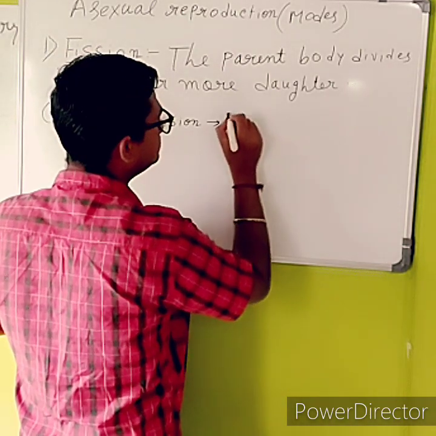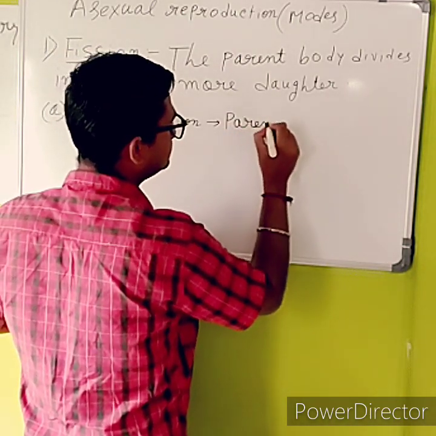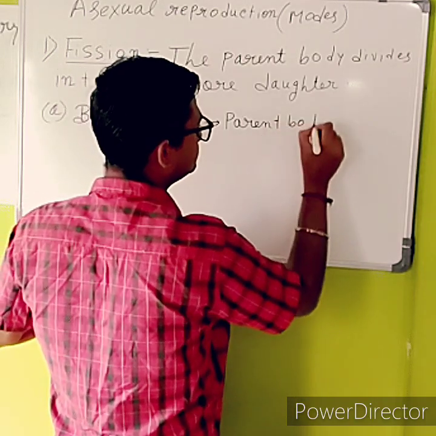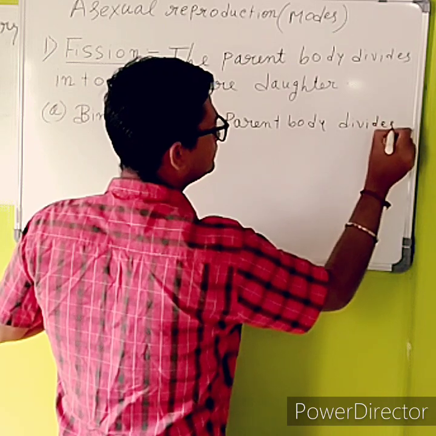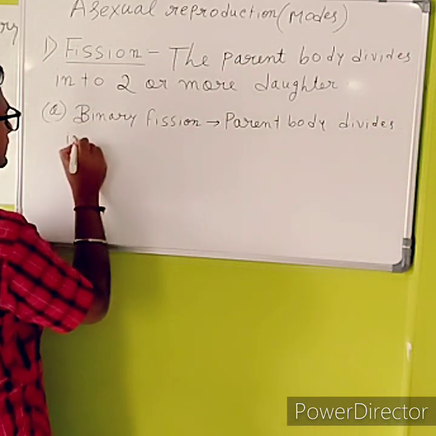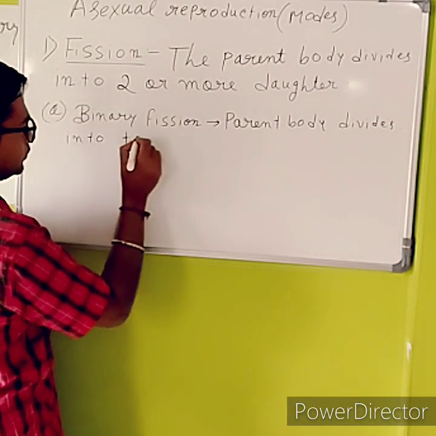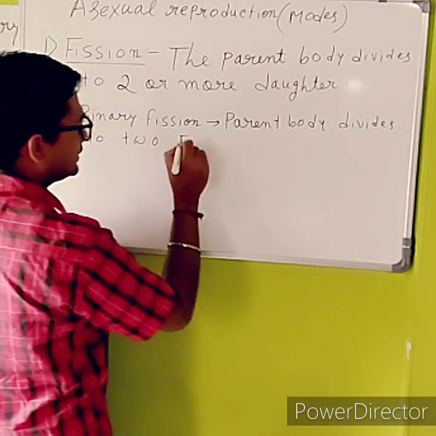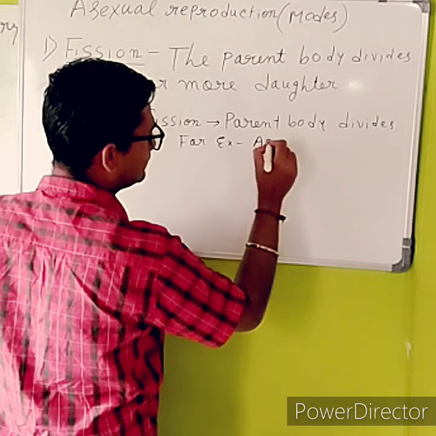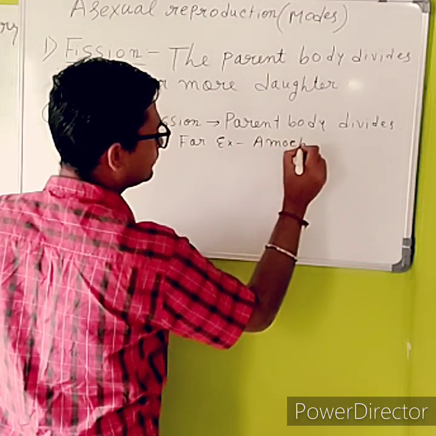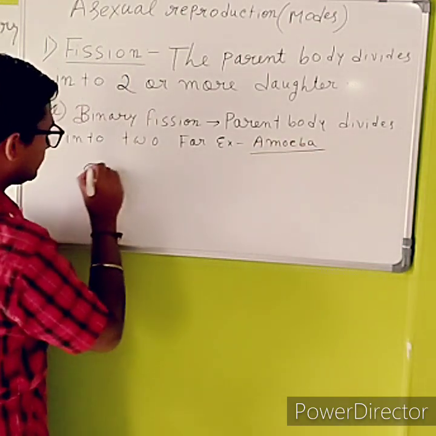In binary fission, the parent body can be divided into two daughter cells. It is observed in amoeba.